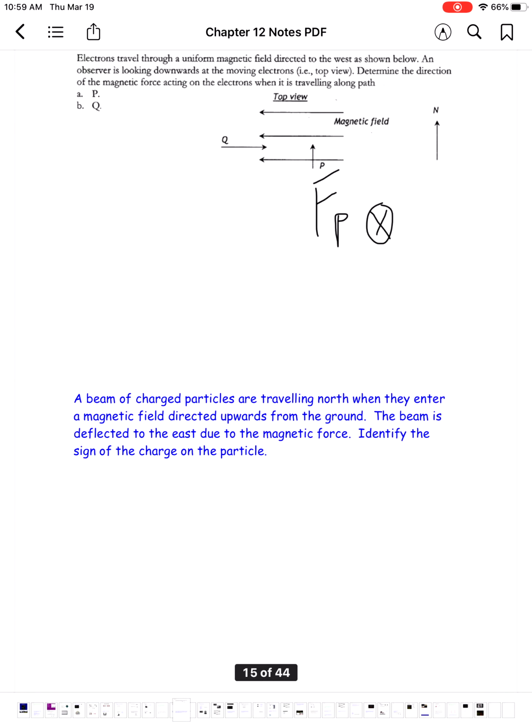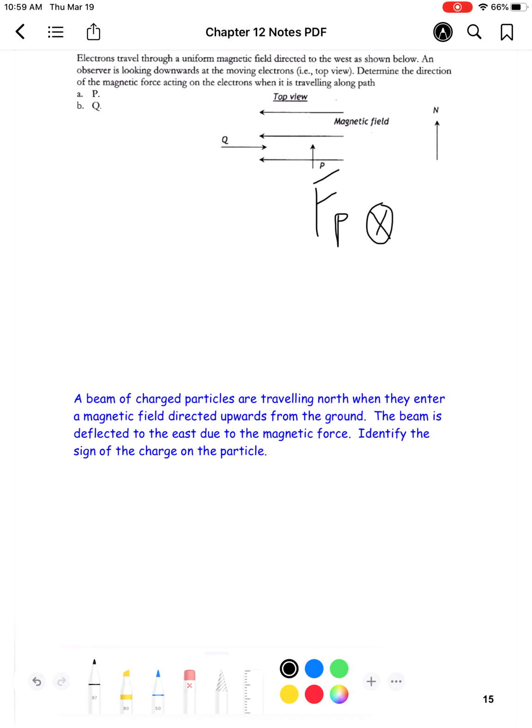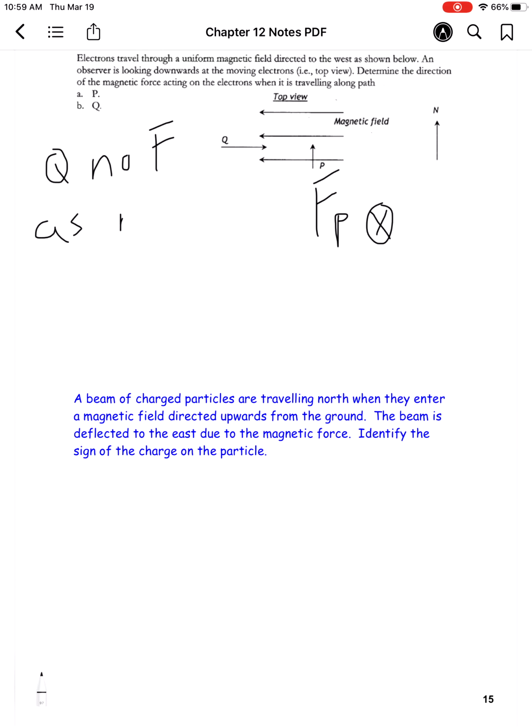So for this case Q, there is no force, because they're not perpendicular. So for Q, no force, as not perpendicular, and the symbol for perpendicular looks like that. That's the symbol for perpendicular, and we're going to see that in the next lesson.